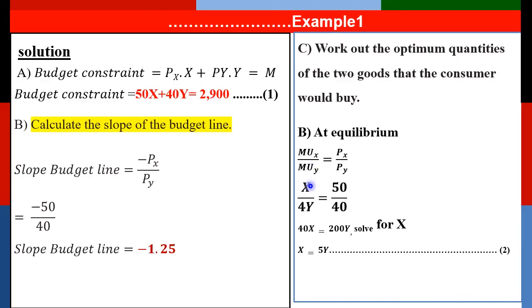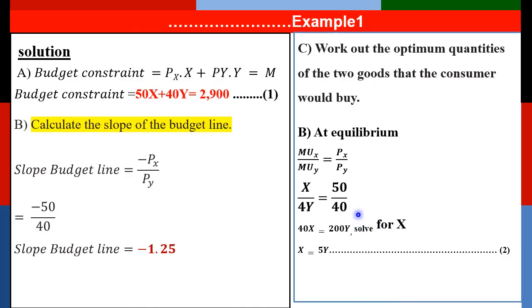It is X. The marginal utility of Y is already given. It is 4Y. Again, we know the price of X and the price of Y. Price of X is 50, price of Y is 40.